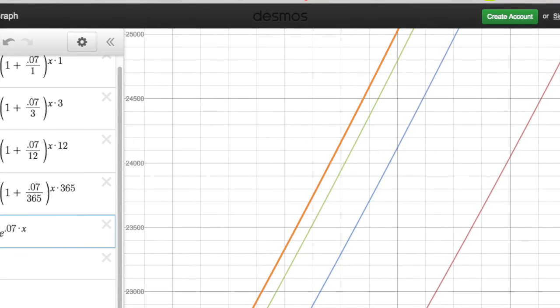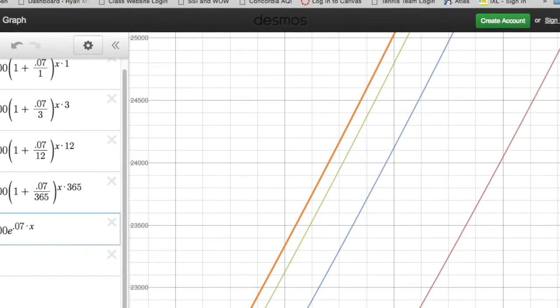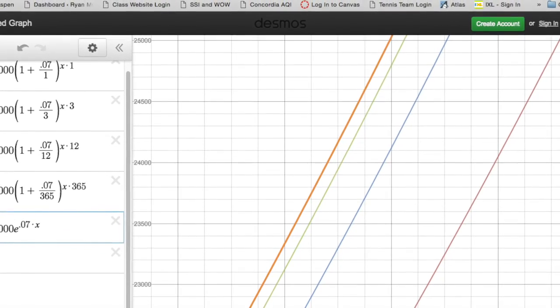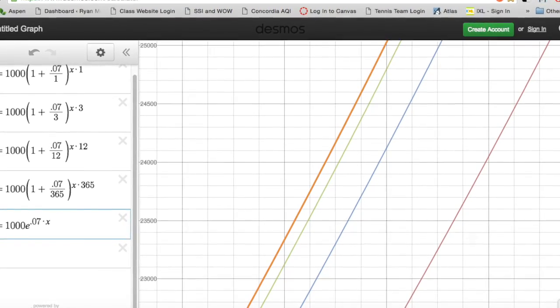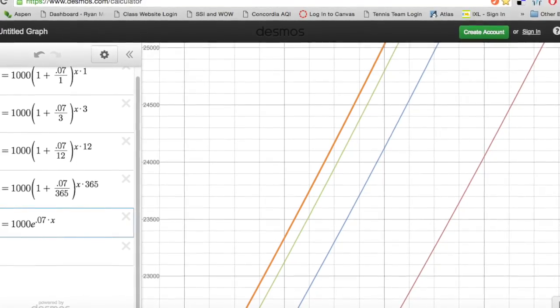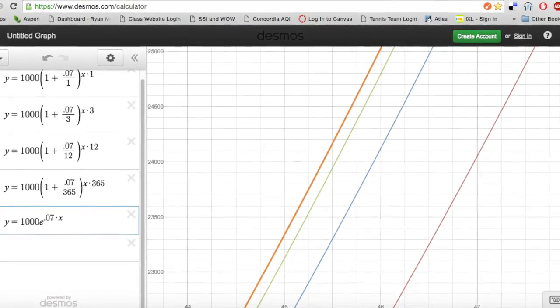I zoomed in on the 5 different ones just so you can see where they're at. As you can tell, they get a little bit closer each time. The continuous and the daily are so close together that they're almost on top of each other. If I were to zoom in a little bit more, you'd be able to see the purple one just a little bit better than the daily.